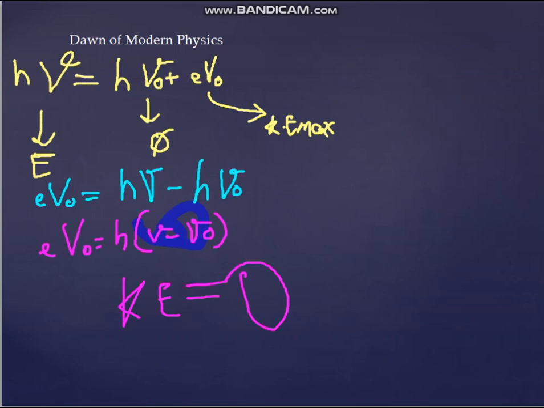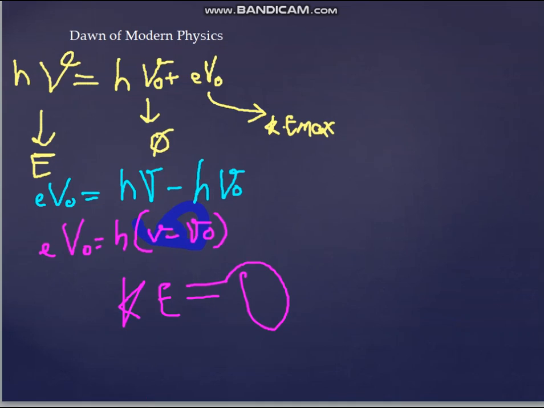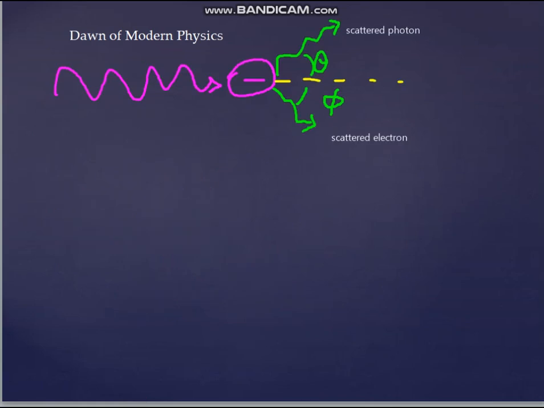Okay, let's move on to our next phenomenon, which is the Compton effect. In the Compton effect, when an X-ray photon falls on an electron, it scatters a photon and it scatters an electron.